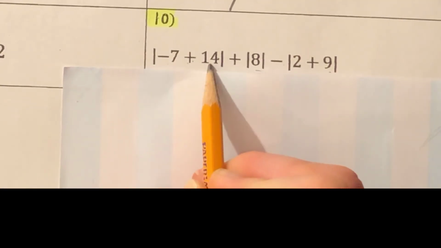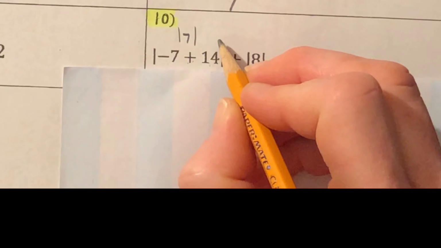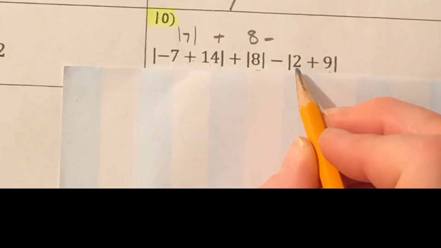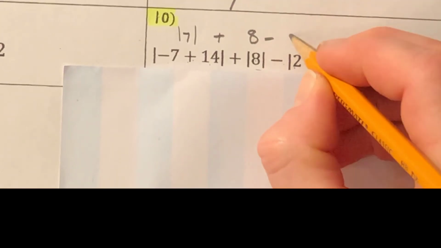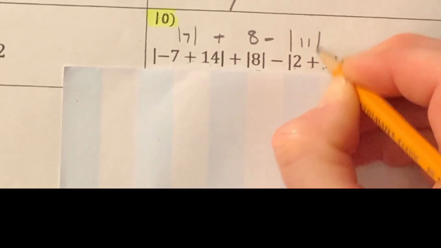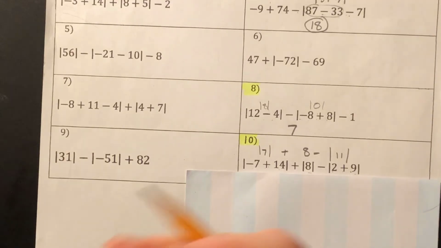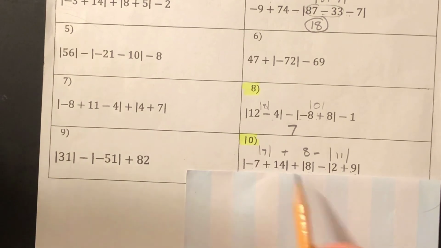Negative 7 plus 14 is 7. Plus the absolute value of 8 is 8 minus 2 plus 9 is 11. So the absolute value of 11. Now I can get rid of these two absolute value signs.